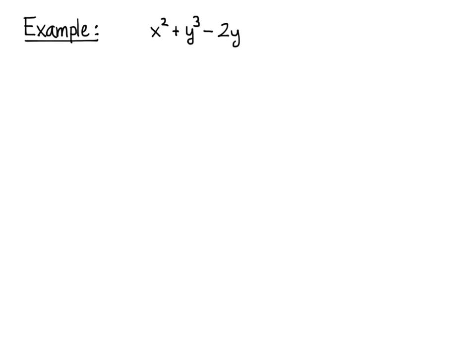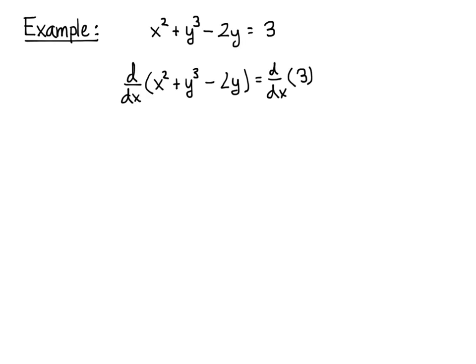Okay, another example. Let's revisit that very first polynomial expression that I was looking at. So how do we do the derivative here? If I take the derivative of both sides, I'm going to do this by term. The derivative of x squared is going to be 2x.